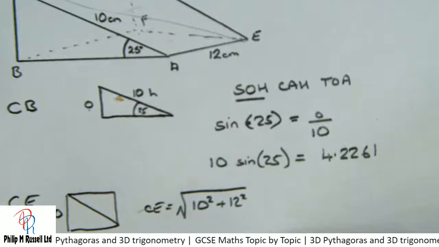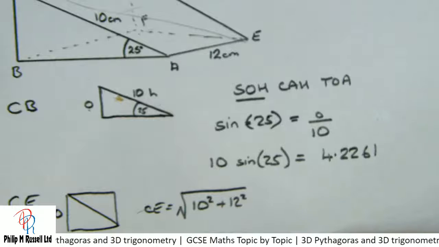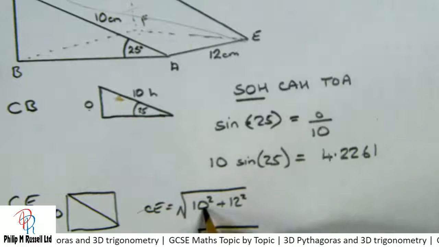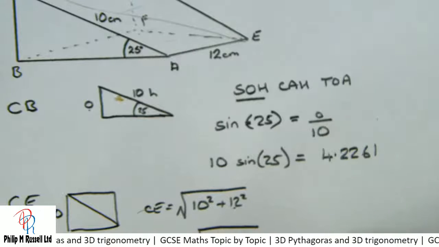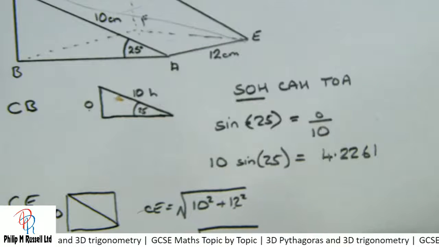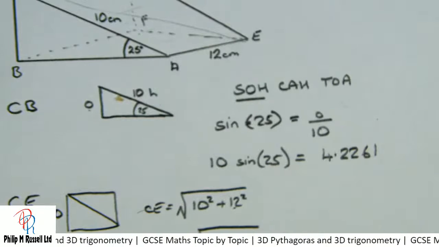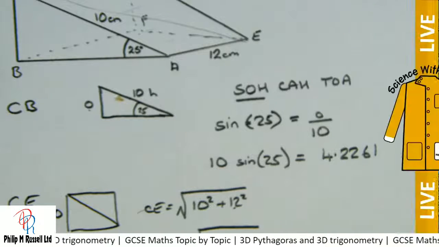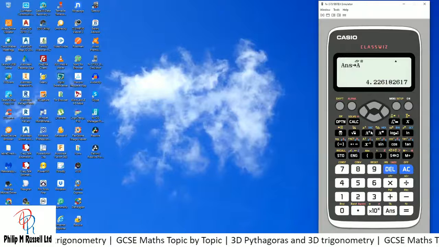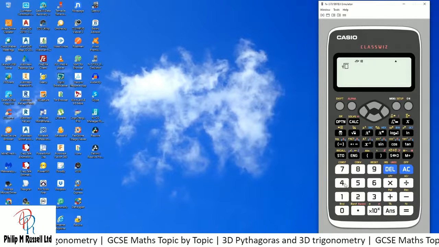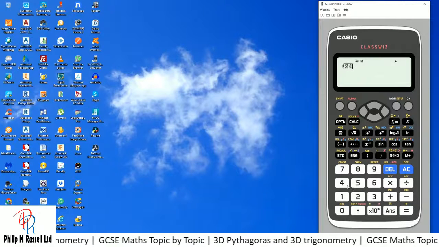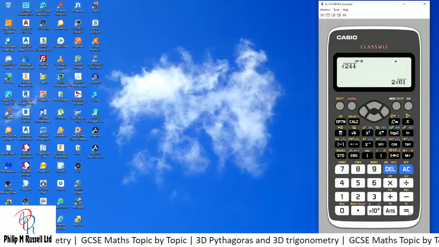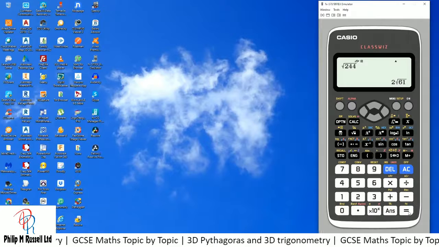And I can work out that CE is going to be the square root of 100 plus 144, which is the square root of 244. And I'm not very good at maths, so I'm going to cheat and do square root of 244, and that's going to come out as 2 root 61.